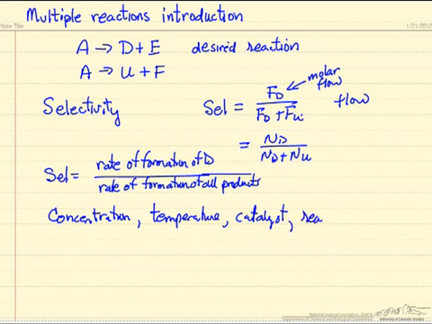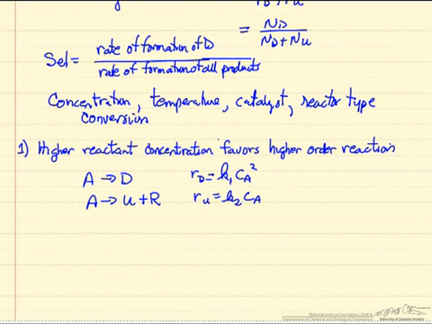It's affected by the type of reactor, since the type of reactor affects concentrations, or the mode of reaction of the reactor. It's also affected by how much reaction, what is the conversion. If we have 90% total of our reactant used up, we're likely to have a different selectivity than if 10% is used up. So let's look at some of the specifics of how these things affect reactions.